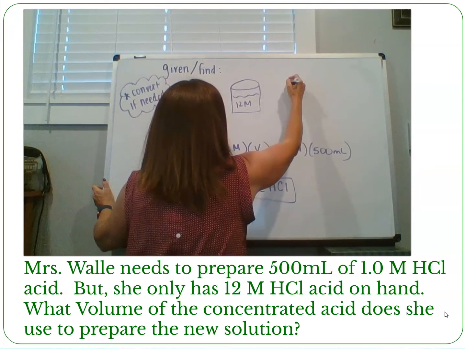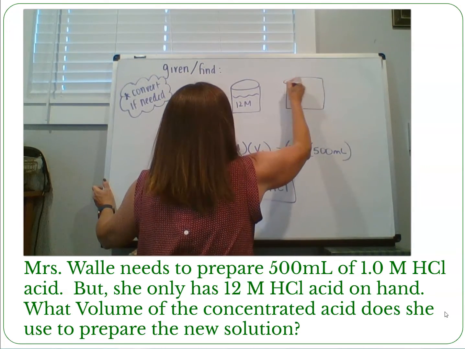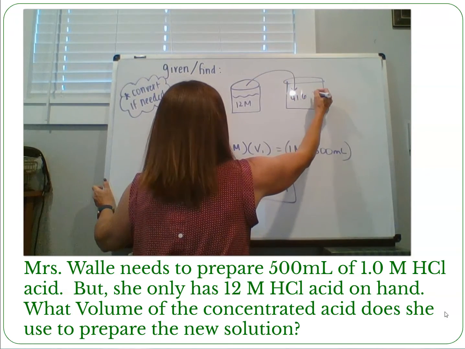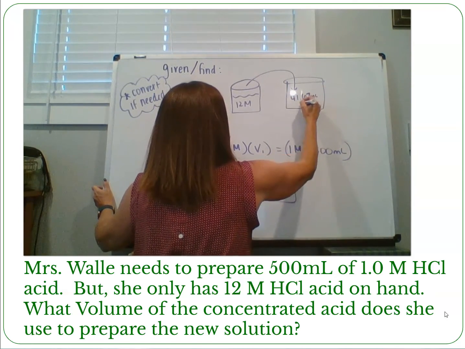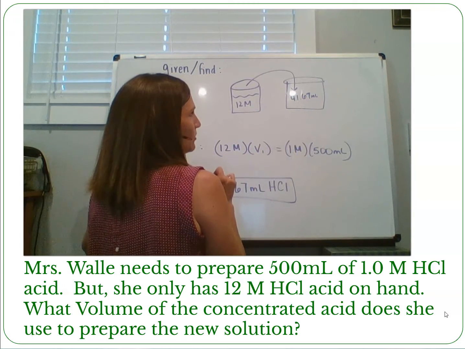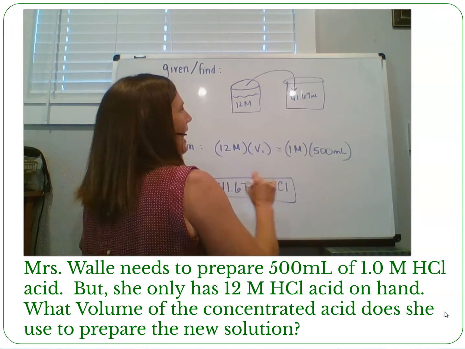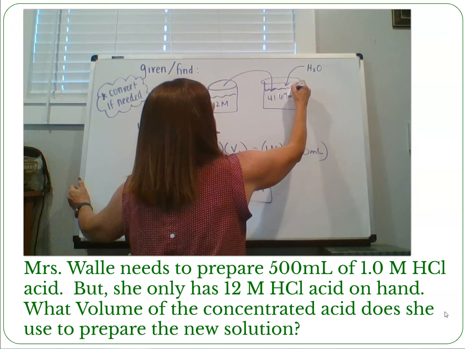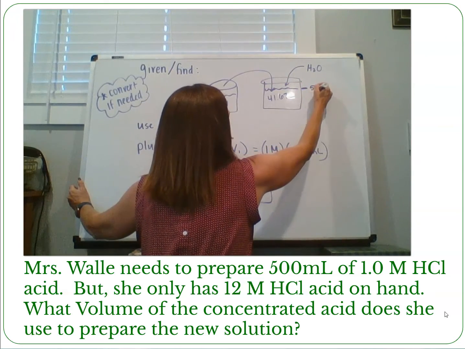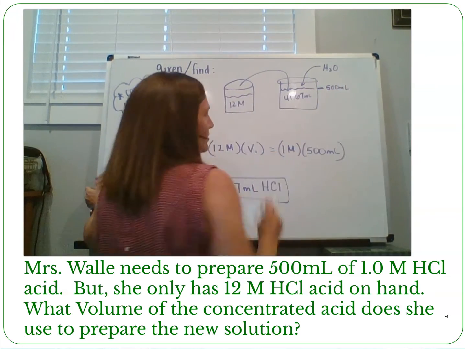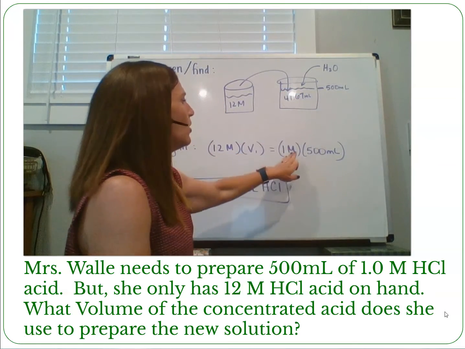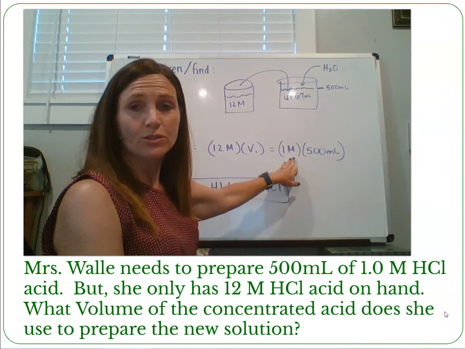And so what I'm going to do is pour 41.67 milliliters of this 12 molar hydrochloric acid. It's going to go in here. And then I'm going to add water until my final mark here is 500 milliliters. And when I stir that up, this solution in here will be a 1 molar solution.